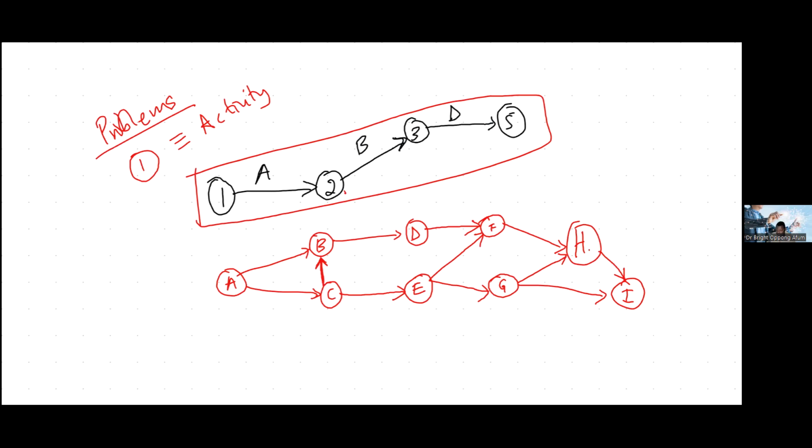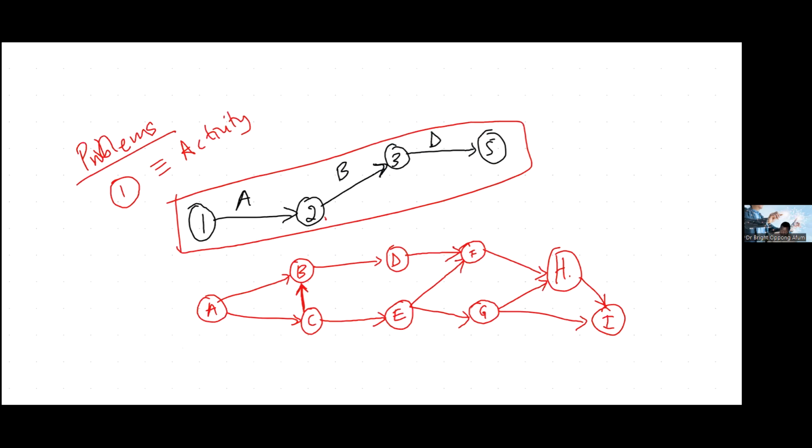Then G followed by H and I, preceded by E, and H followed by I, preceded by J and F, and I followed by J and H. All right, so this is the activity schedule for this typical example.